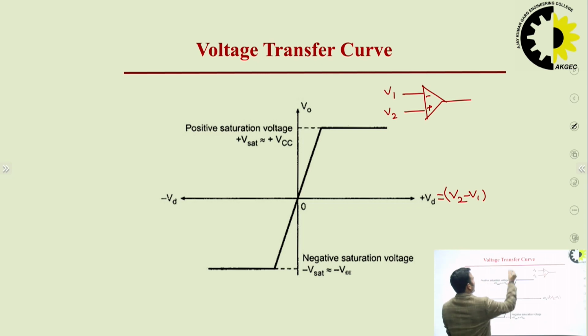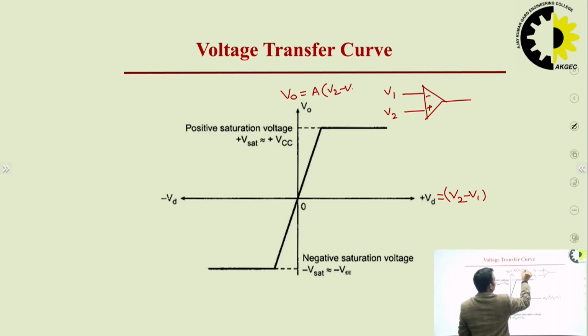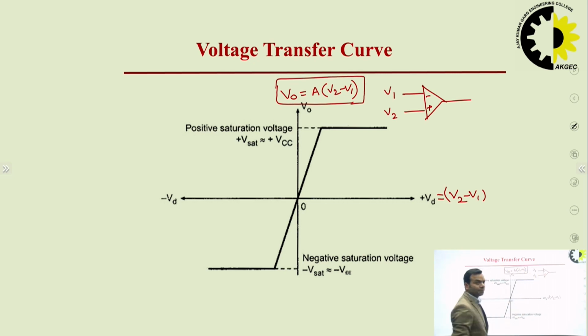And you know that the output V0 will be equal to A into (V2 minus V1), where A is the open loop gain of the operational amplifier, this is the open loop operational amplifier gain.